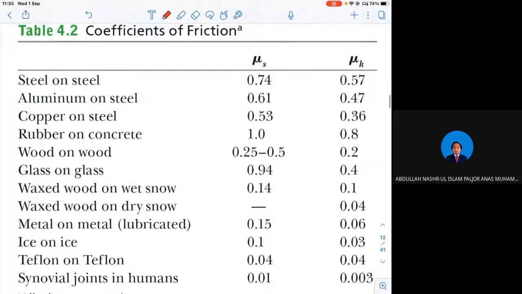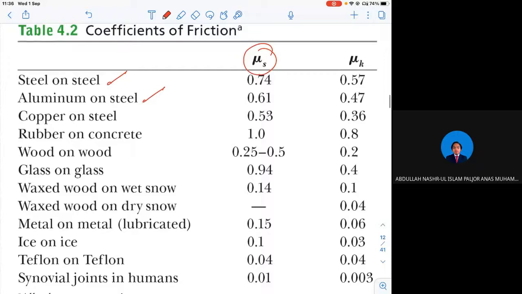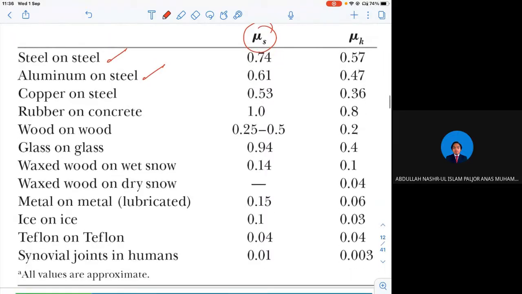For example, this is mu s: steel on steel, aluminum on steel. So you don't have to memorize all of the values because they should be given in the question. Maybe they want you to find the mu s. You can see here a lot of surfaces that give us certain values.